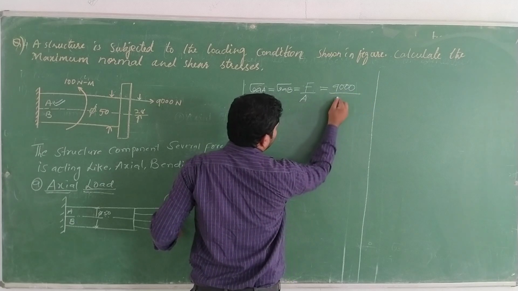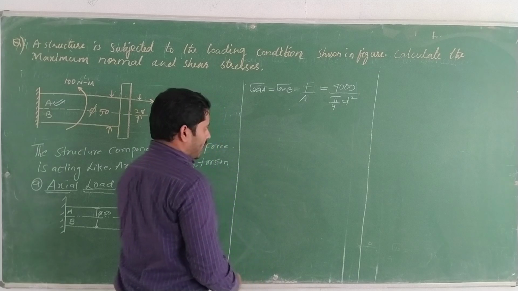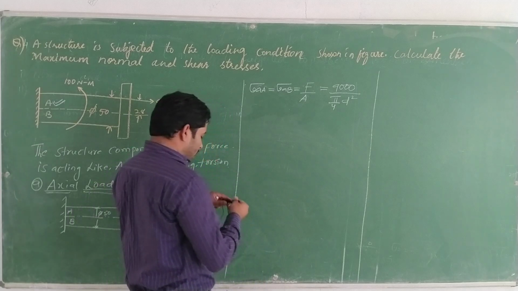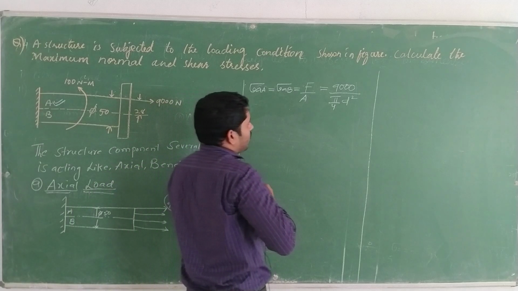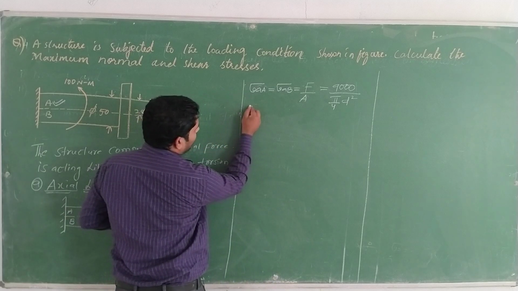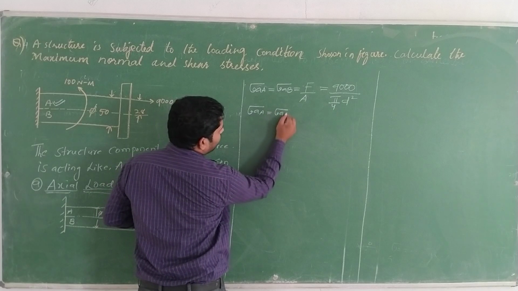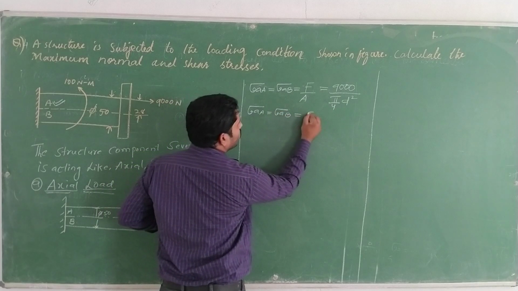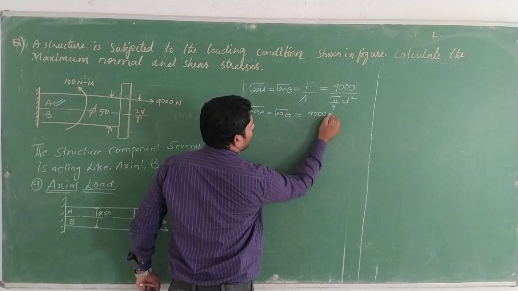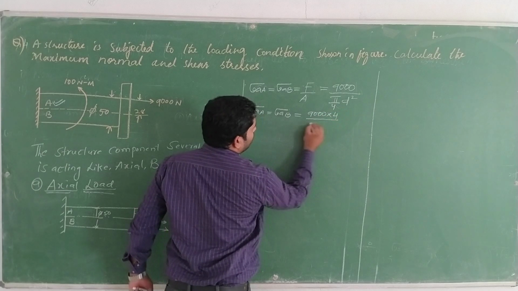by area, which is pi by 4 into d square. Okay dear, so what is the diameter value? Sigma A equals sigma B equals 9000 into 4, divided by pi.